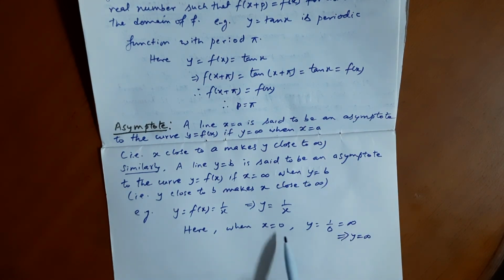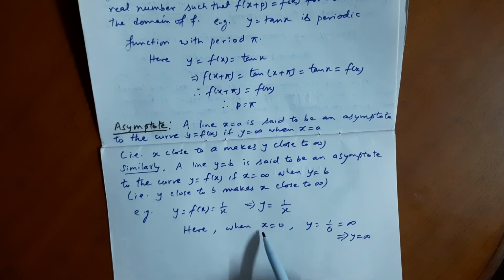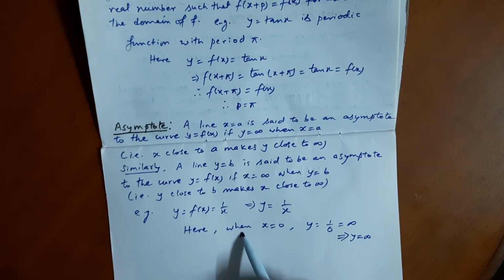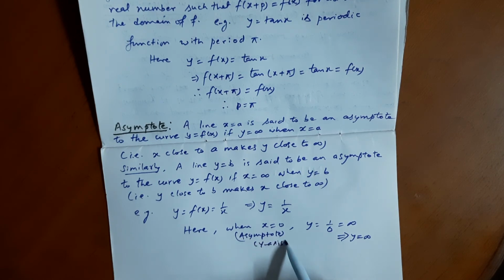At that time, when x has some finite value, y value is infinity, so this x equal to 0 is the asymptote. x equal to 0 means it is the y axis. So the y axis will be the asymptote.